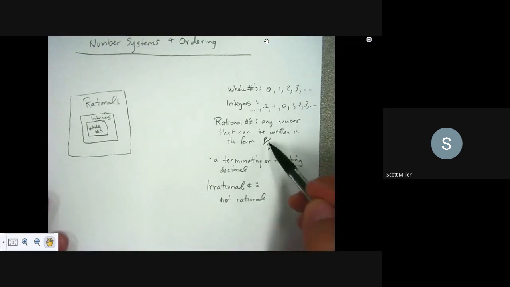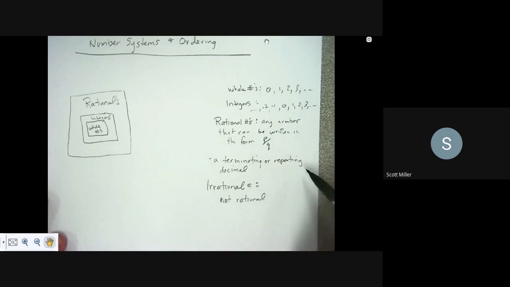So any number that can't be written as a fraction, or any number that is in a decimal that never stops and never repeats, would be considered an irrational number. So what are irrational numbers? Numbers that are not rational. So we just piggyback off of that definition. Okay? So if it's not rational, then it's irrational.